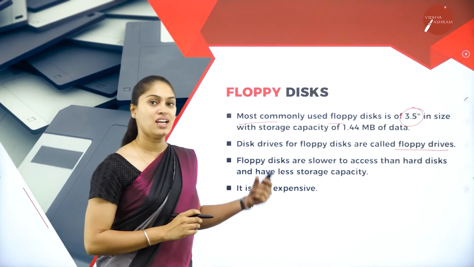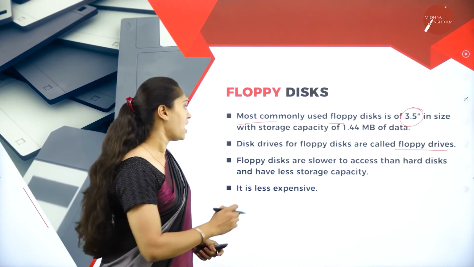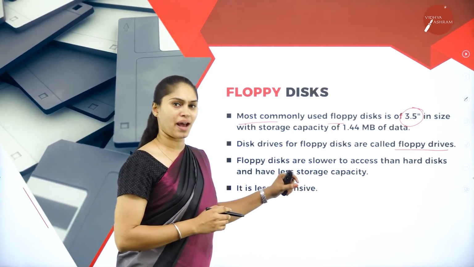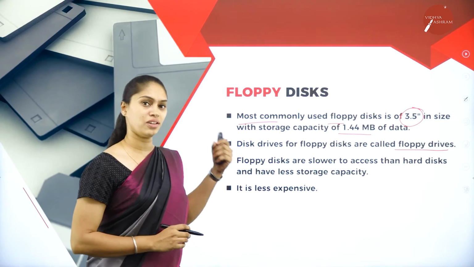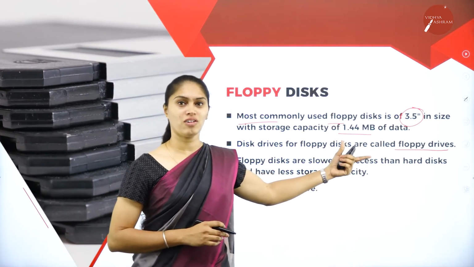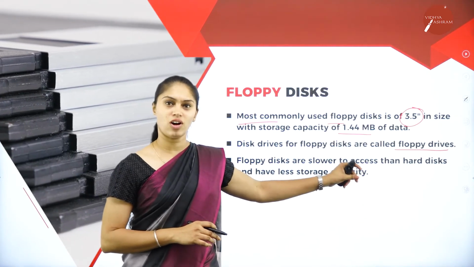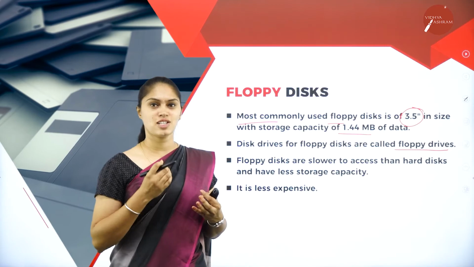Very, very important: the standard floppy disk is 3.5 inches and has a storage capacity of 1.44 MB of data. If you look at that MB figure, we can see it is of no use for this generation, because that amount of data is small now.